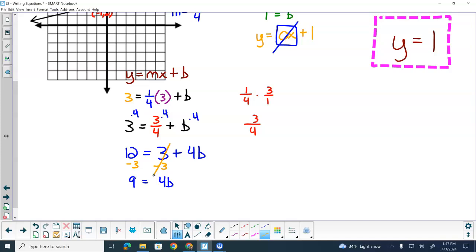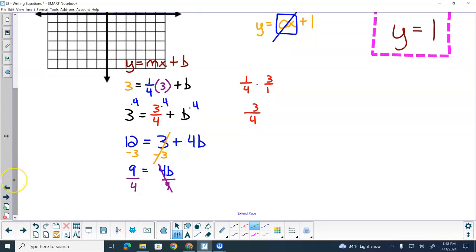Divide both sides by 4. So we get 9/4 equals B.